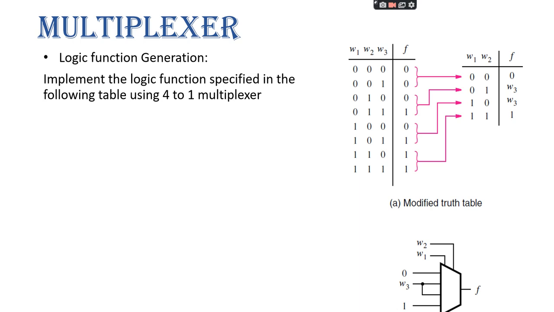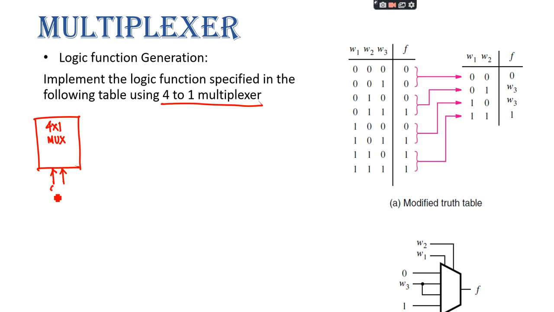Okay. In a similar way, a truth table is given and you are told to implement this truth table using a 4 into 1 multiplexer. For a 4 into 1 multiplexer, I suggest you draw the multiplexer diagram first, and it will give you a clear picture.